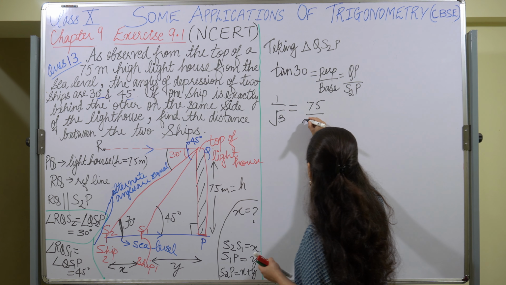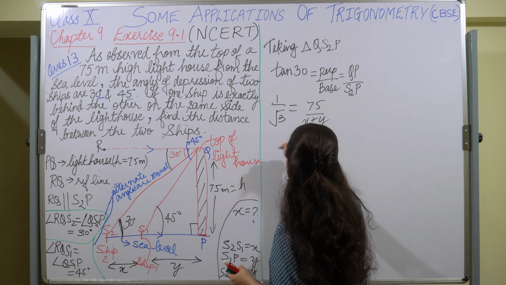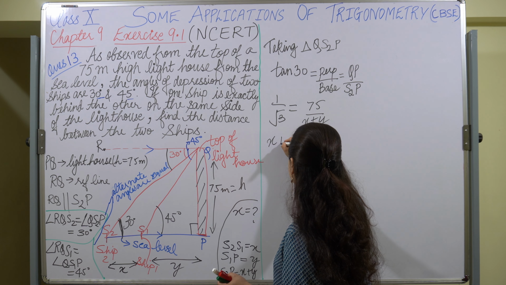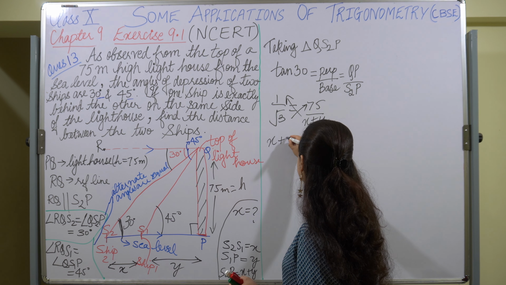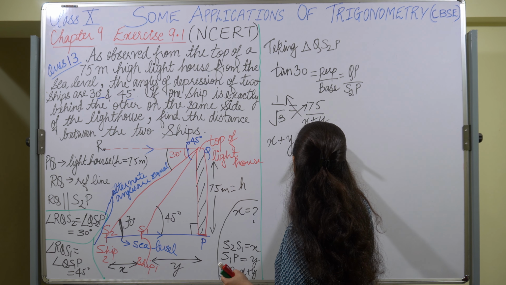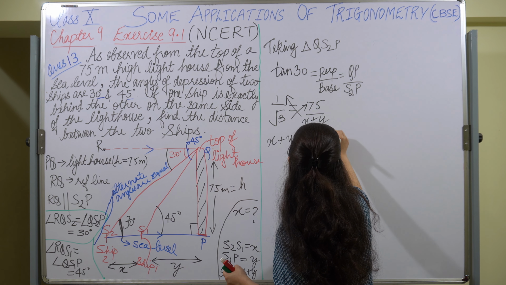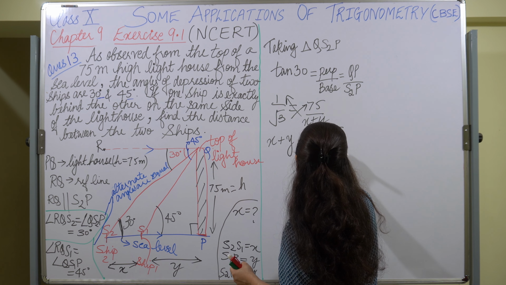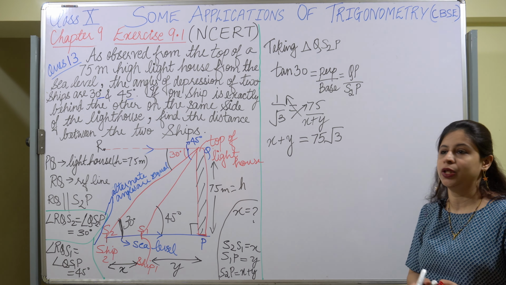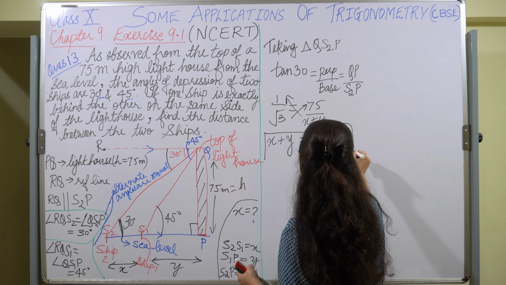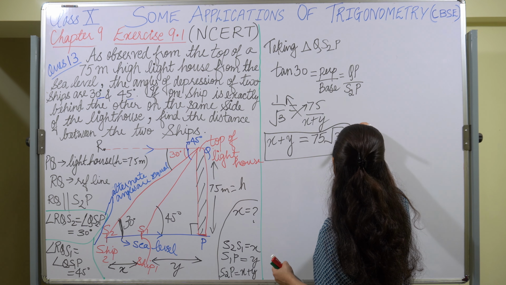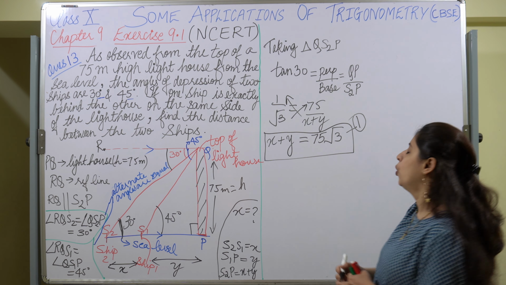Substituting x plus y and cross multiplying, we get x plus y is equal to 75 root 3. This is the first equation, so let us mark it as equation number 1.